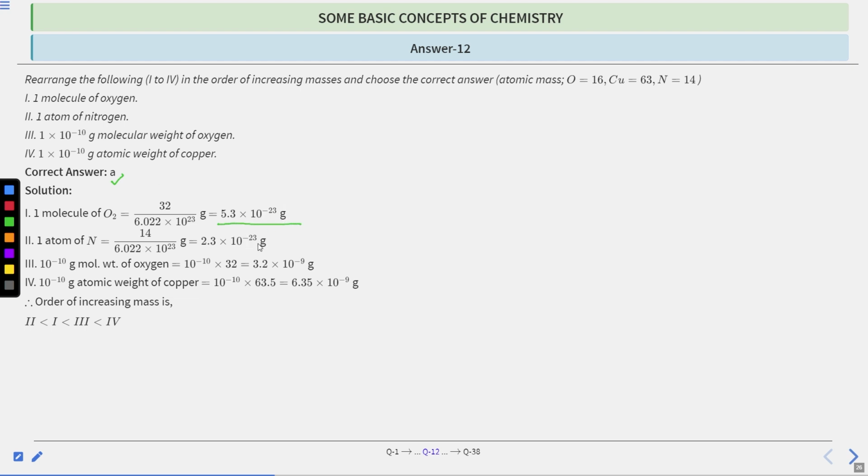Similarly, in the second, it is coming out as 4.65 into 10 to the power minus 23 gram. In the third, 3.2 into 10 to the power minus 9 gram. And in the fourth, 6.35 into 10 to the power minus 9 gram. That's why the order of increasing mass given in option A will be correct. This is the order. Okay.